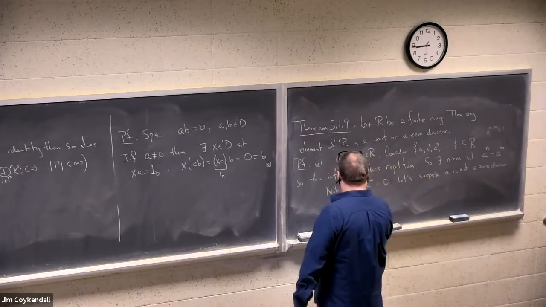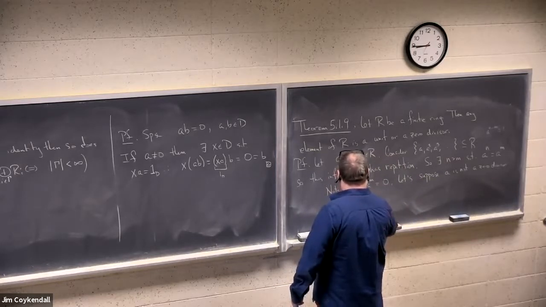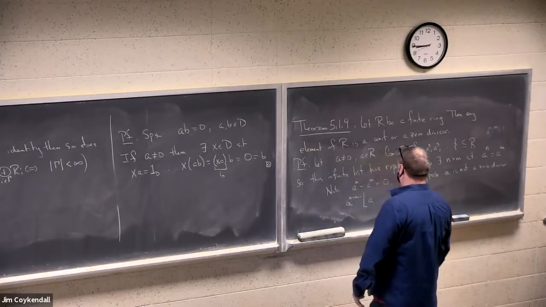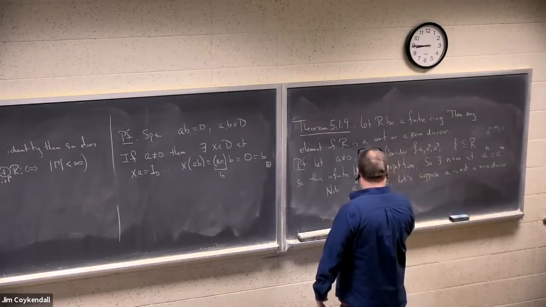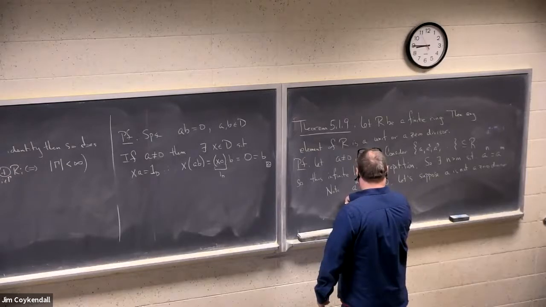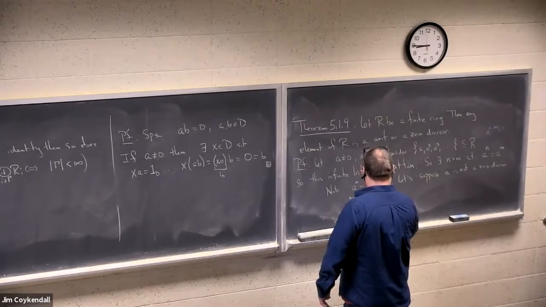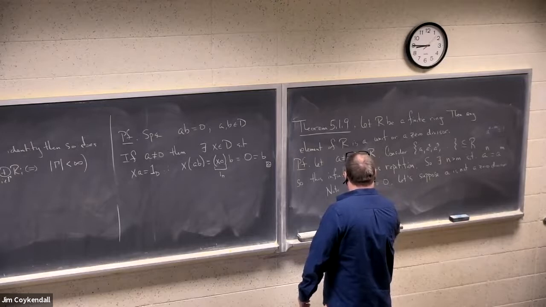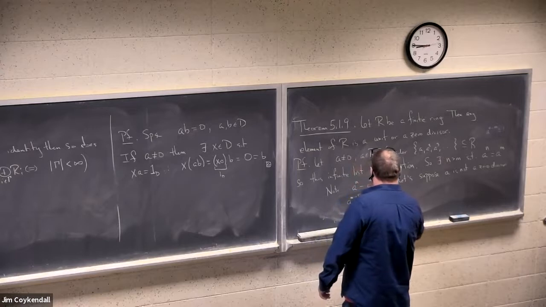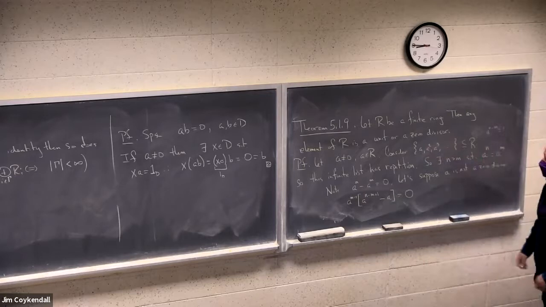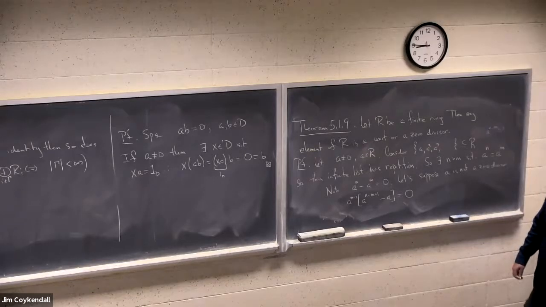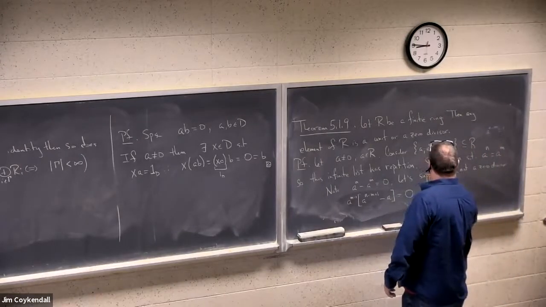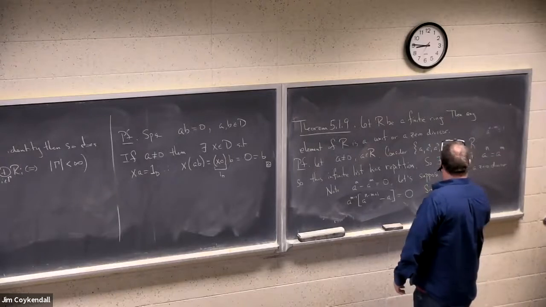Now let's see what I can do here. I want to pull this out here. Now that I can do, since A to the m is not a zero divisor.